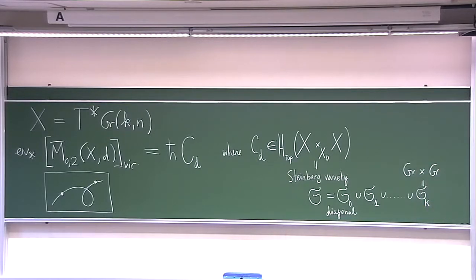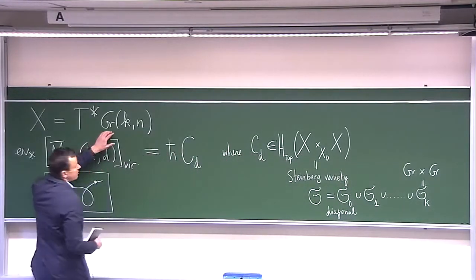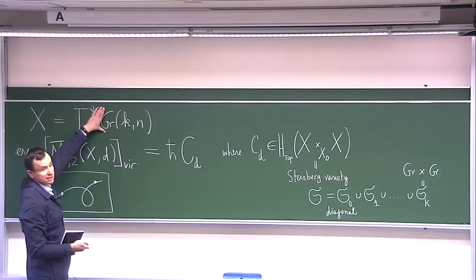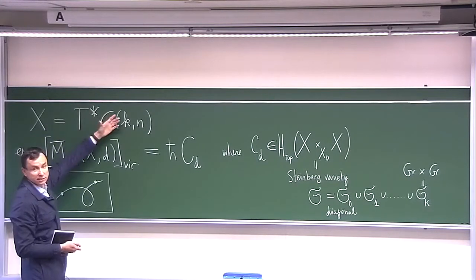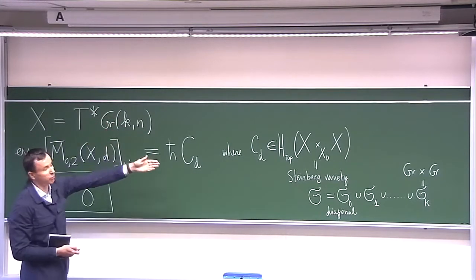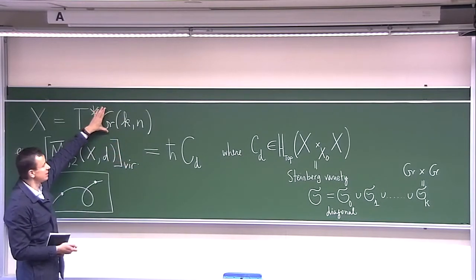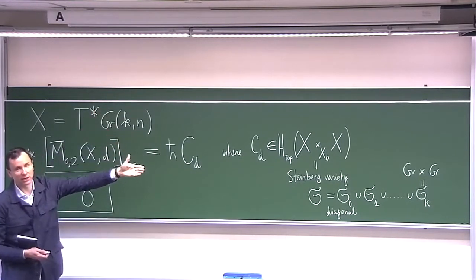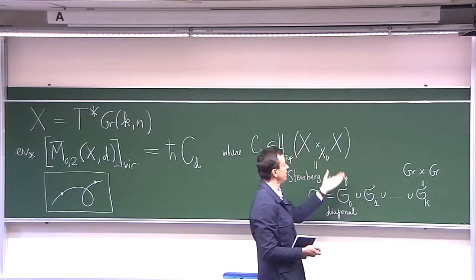So the Grassmannian is a cycle inside its cotangent bundle. It's compact, therefore it's going to go to a point under affinization, and in particular Grassmannian cross Grassmannian is going to be a dimension x dimensional cycle in here.